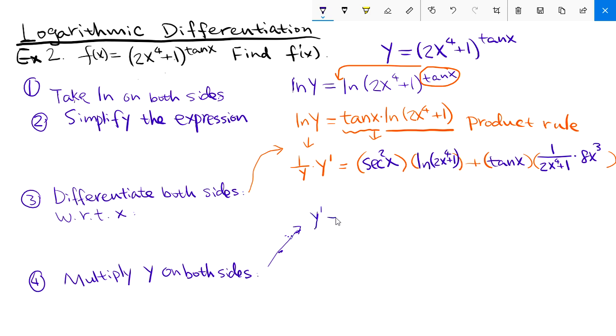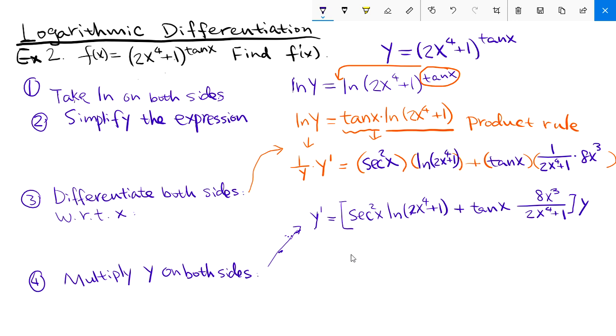My y prime would be equal to this whole thing: secant square x times natural log of 2x to the fourth plus 1, then plus tangent x times, I'm going to combine this fraction. On the bottom, it's 2x to the fourth plus 1. This 8x to the third times 1 goes on the numerator, right? And then this whole expression needs to be multiplied by y.